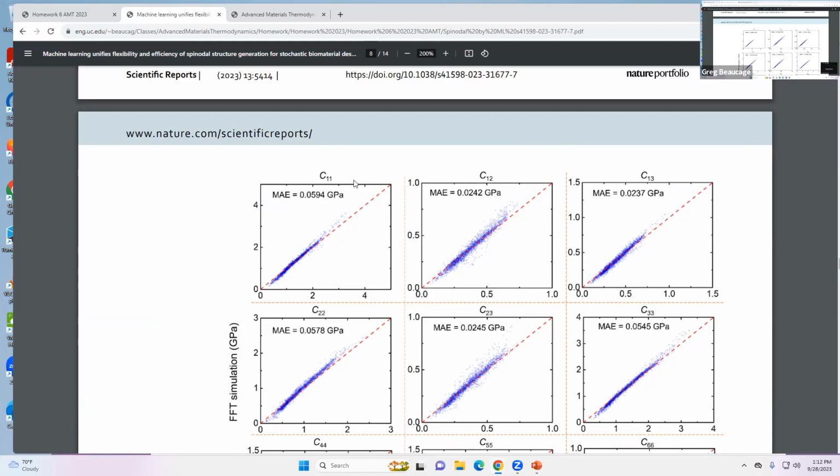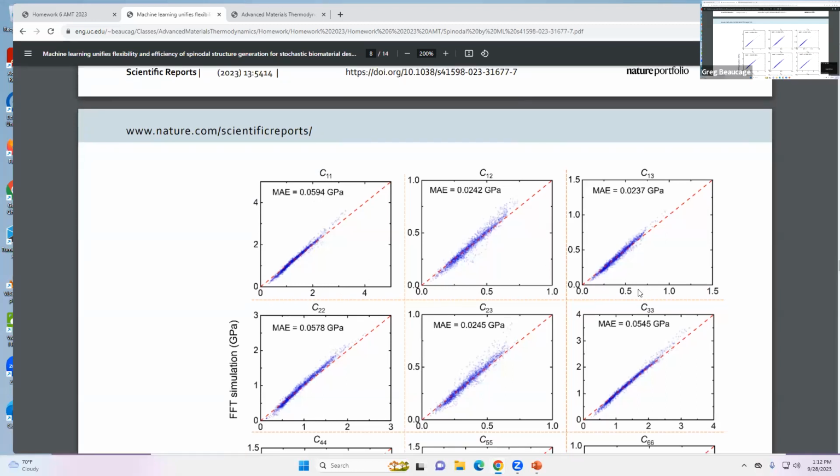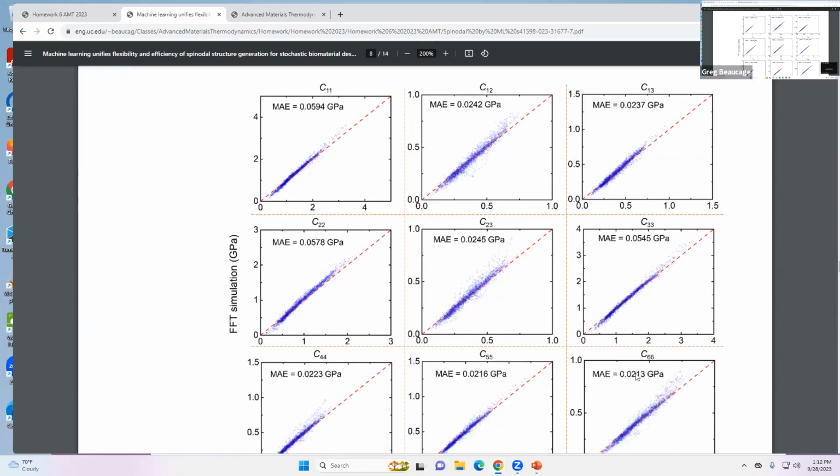C11. So C1 is C1111, like sigma 11, eta 11, stress and strain. Okay, so these are the same C1, 2, 2, 3, 3. Those go up to 6, because you can match the 2 and the 2, and each one of the things has 3.